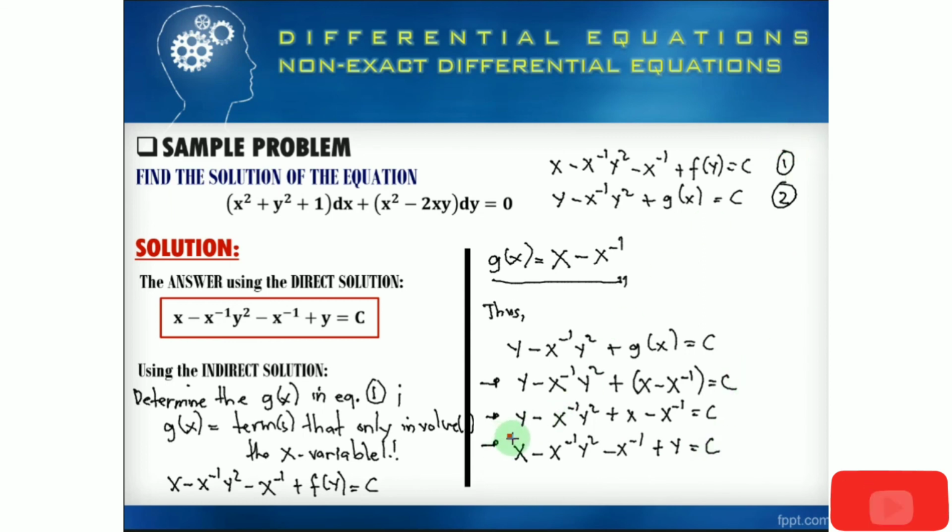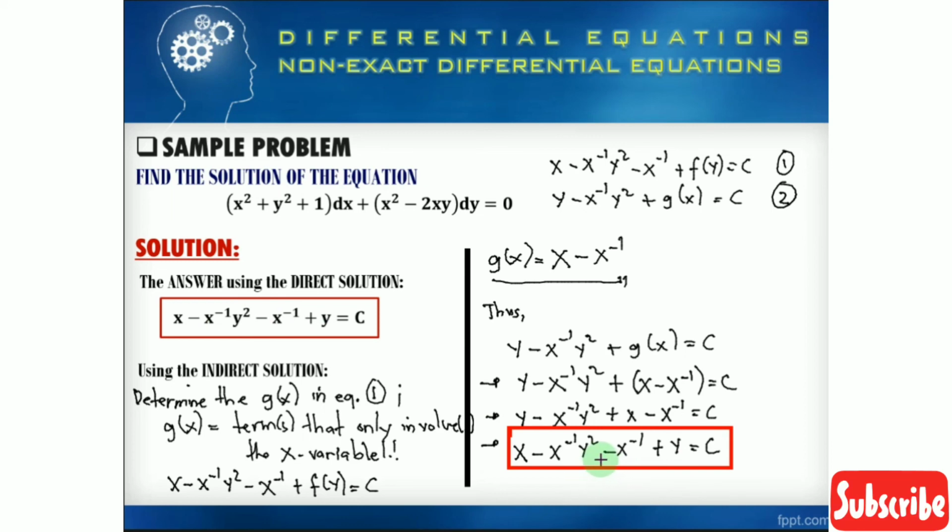So this will then be our final answer. Take note, this is just the same as the direct solution, which is x minus x raised to the negative 1 y squared minus x raised to the negative 1 plus y is equal to c.